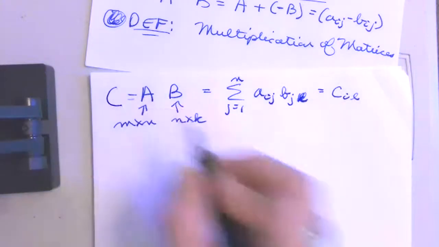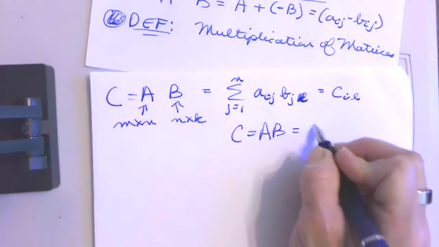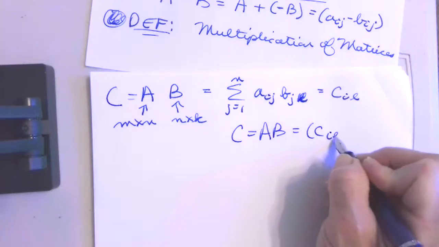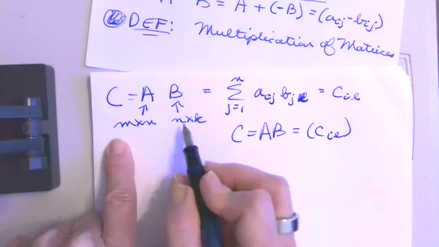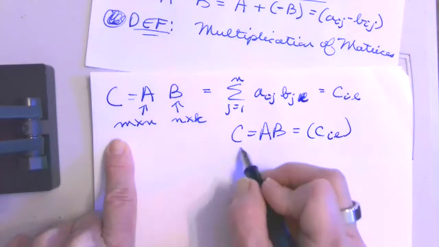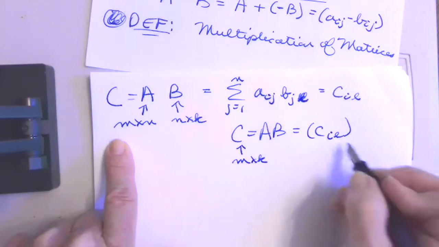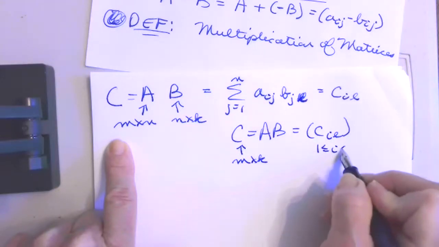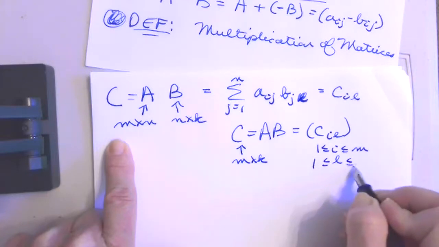So this is the matrix C, the product of A and B, consisting of the entries Cil. When you multiply an M by N times an N by K, you will get an M by K, for i between 1 and M and l between 1 and K.